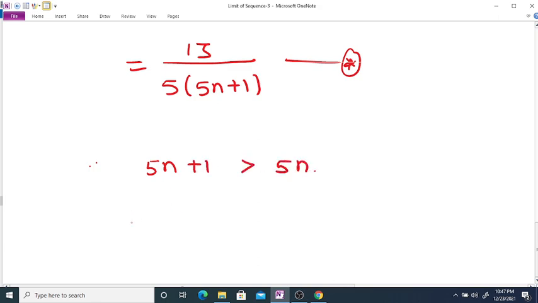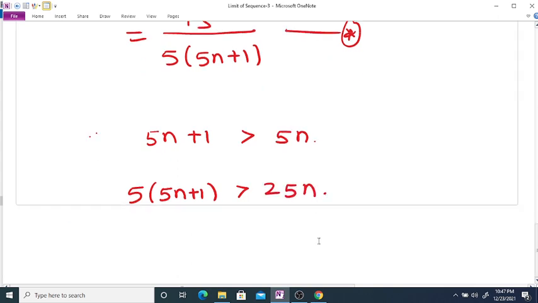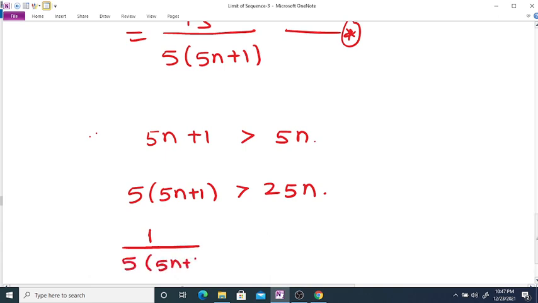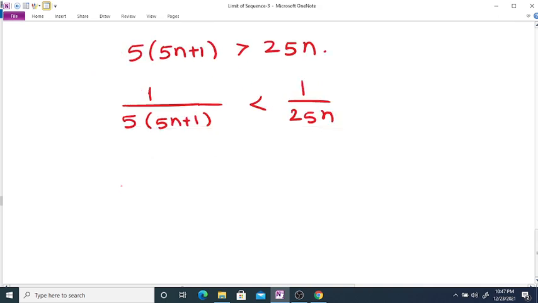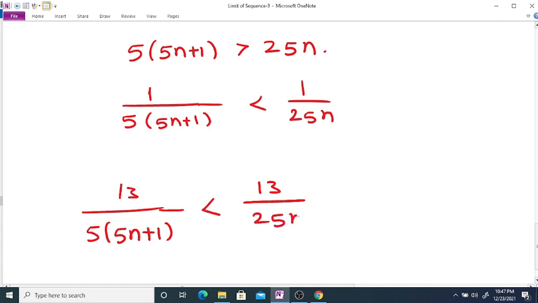If we multiply both sides by 5, then 5 times (5n + 1) is greater than 25n. Therefore 1 divided by 5(5n + 1) is less than 1 divided by 25n. Now if you multiply by 13 on both sides, then 13 divided by 5(5n + 1) is less than 13 divided by 25n.